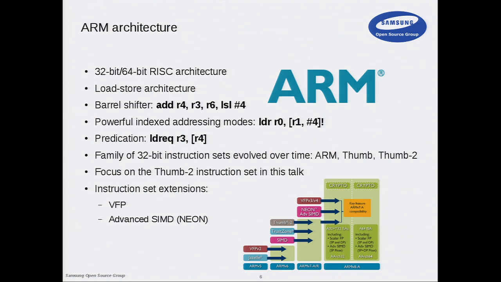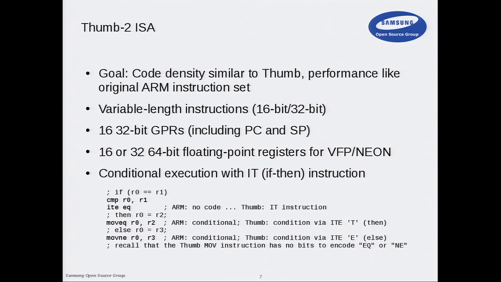If you want native support, you can implement that on your chip. In terms of registers, we have 16 general purpose registers. This includes the program counter and stack pointer, so the number of usable registers is a little bit lower. If you have VFP support or Neon, then you have an additional floating point register file, and this is shared between the two extensions.